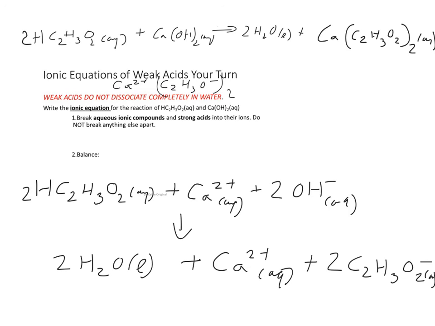And that's the aqueous sign there. I'm scribbling into the margins. So there's your ionic equation. I balanced as we went along. Your weak acids stay together. Bases, because Arrhenius bases are ionic compounds, get split up. So there's your ionic equation.